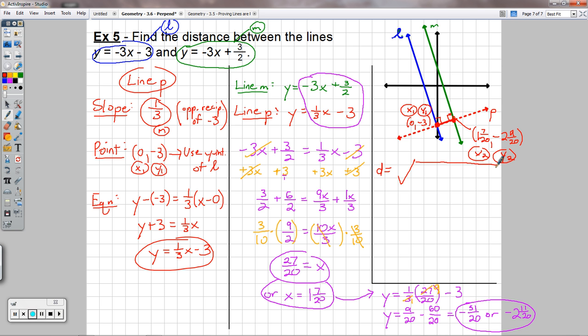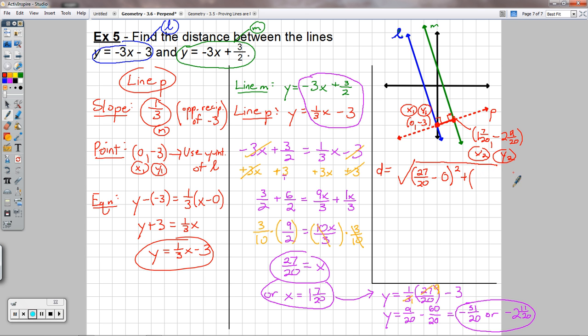And then I am doing the difference in the x values. So it's 1 7/20, or going back to the improper fraction style because it's easier to deal with when I'm adding, subtracting, multiplying, dividing. This is 27 over 20 minus 0 squared, the difference in the x values there, plus the difference in the y values squared.